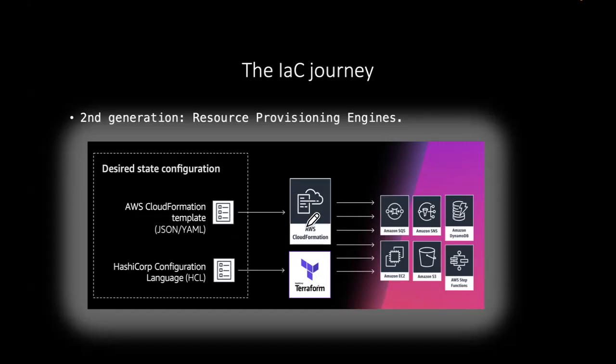The main point anyway is this thing here is what we're calling the resource provisioning engine. That was generation number 2. So as developers, we now write these templates. We give them to the CloudFormation service, which is our resource provisioning engine, and it takes care of talking to the other AWS services for the purpose of creating our infrastructure.